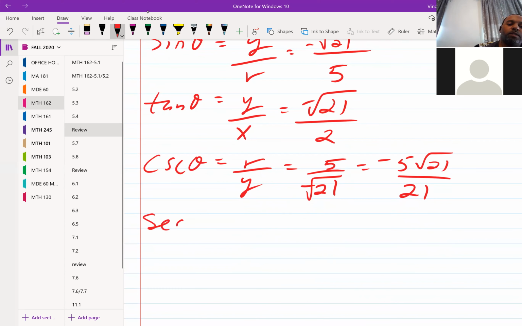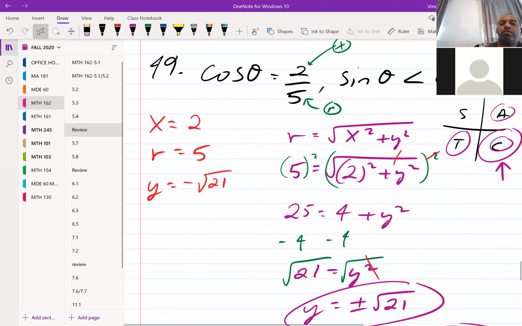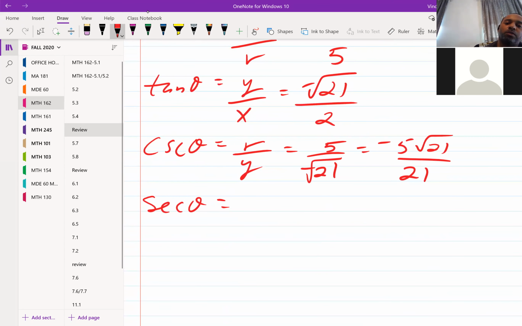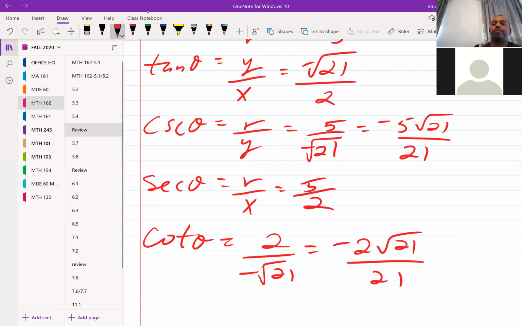And then we have secant, which is the inverse of cosine, which is 5 over 2. Yep, just making sure. And then cotangent, the inverse of tangent. That's 2 over the negative square root of 21, which would be negative 2 square root of 21 over 21.